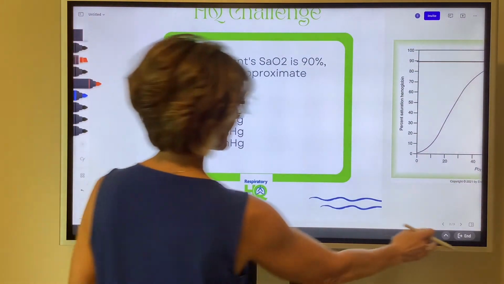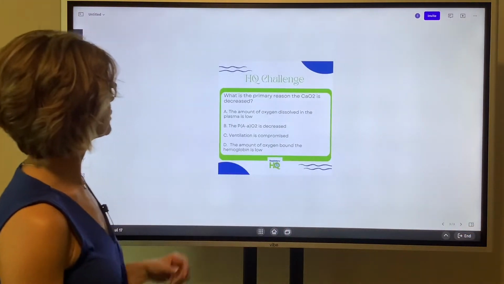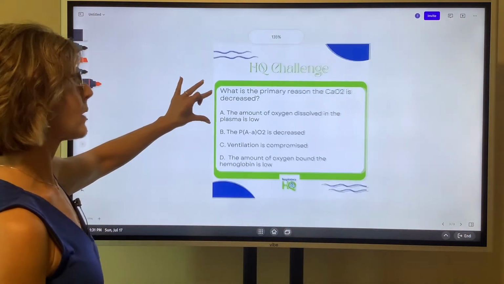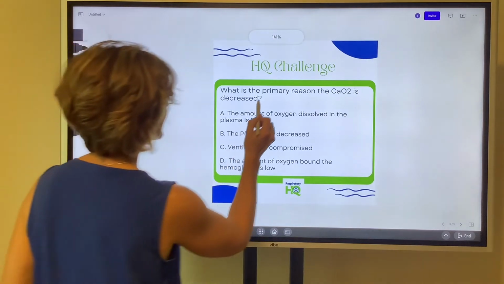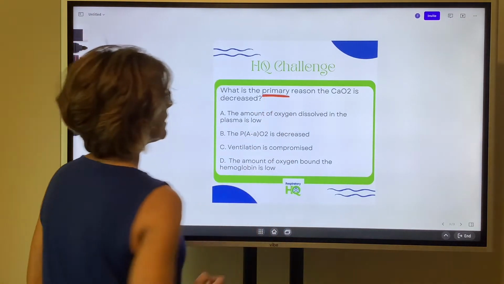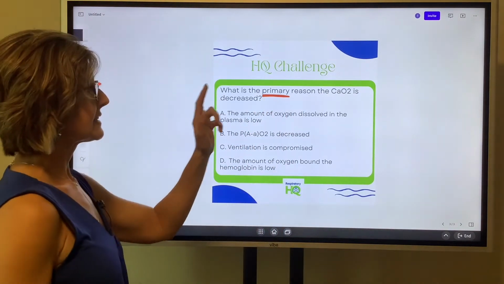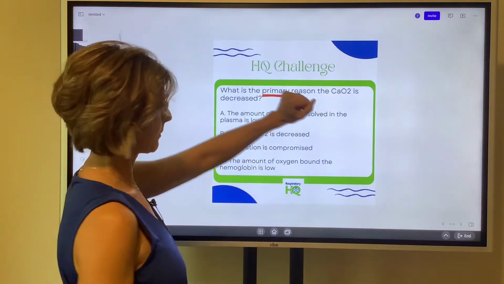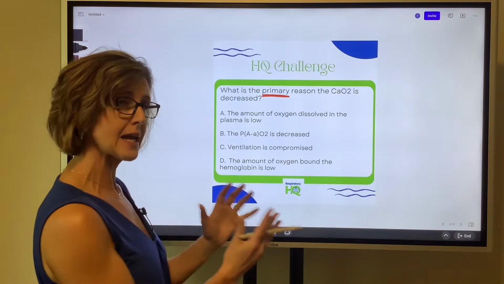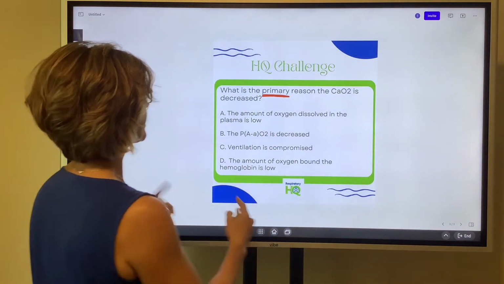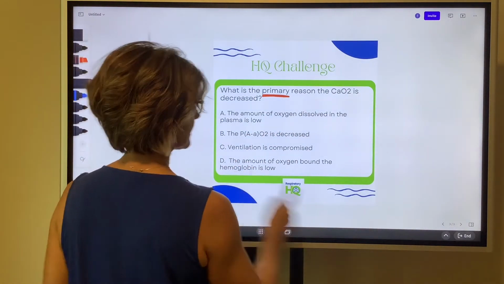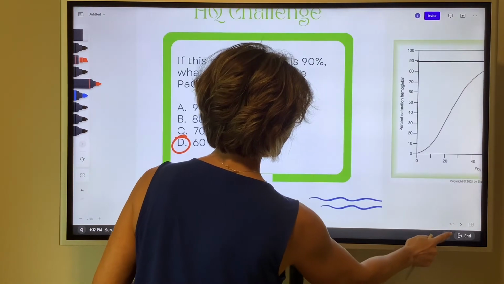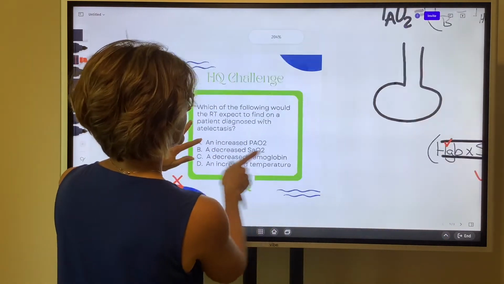Okay? And then the third question asks, what is the primary reason the CaO2 is decreased? Primary is the key word. This is oxygen content. The main reason oxygen content is decreased. So let's go back to this right here.